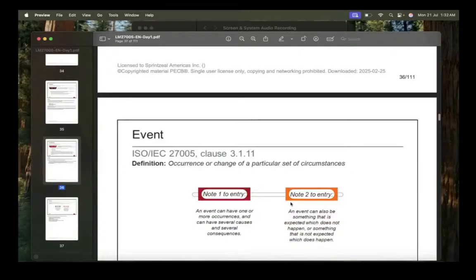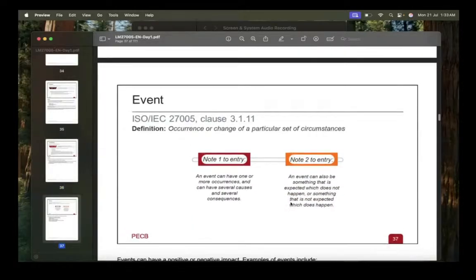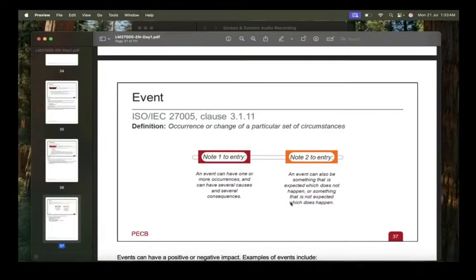So we are going to discuss the event. What is an event? We have taken this from our current standard, that is 27005, clause 3.1.11. What is an event?